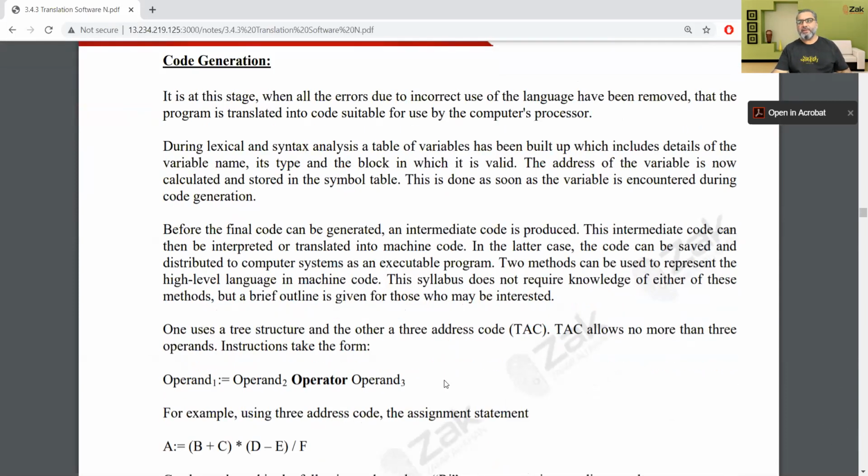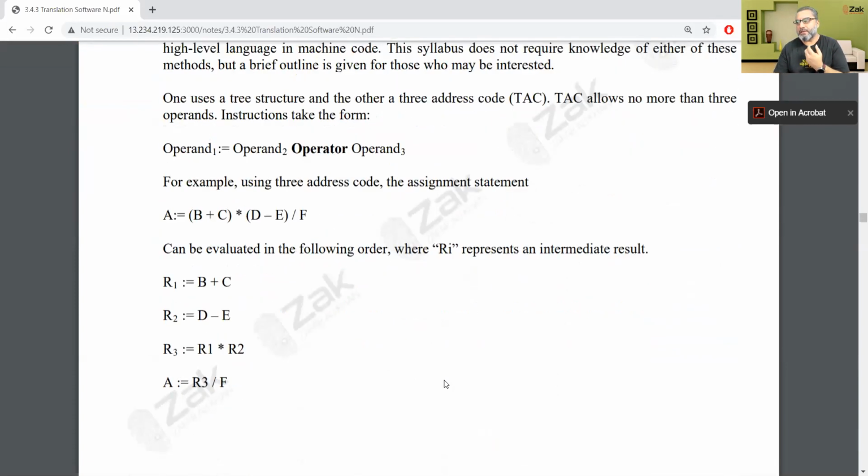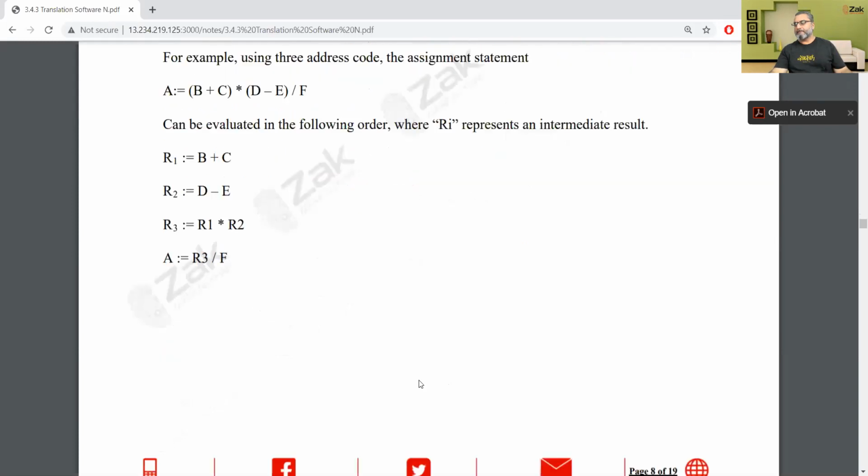Okay, so at code generation, the machine code is being produced. I was just checking in the book, there was a question: at what stage is the tree data structure being used? So you would have to tell that at code generation. All right, so mind it. So three address code, you have to keep that in your mind.